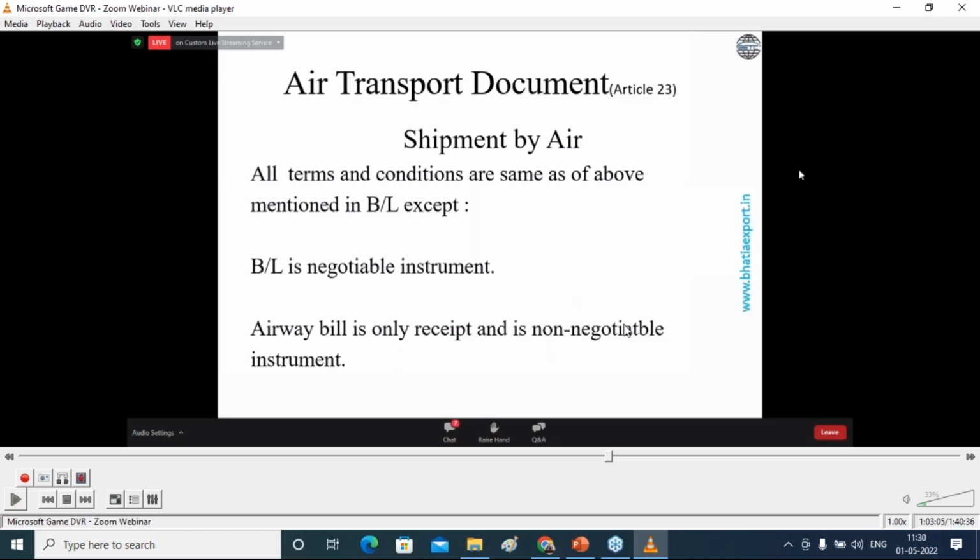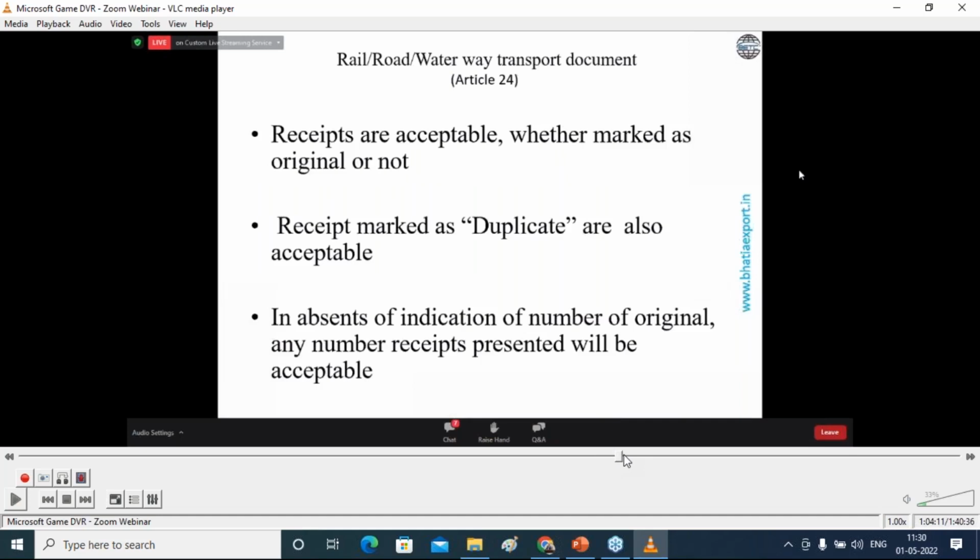As I told you, it is not a title to goods. Receipts are acceptable whether marked as original or not. Receipts marked as duplicate are also acceptable. In the absence of an indication of the number of originals, the number of receipts presented will be accepted.